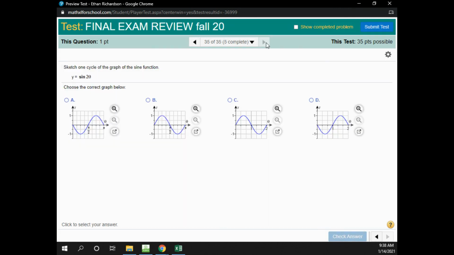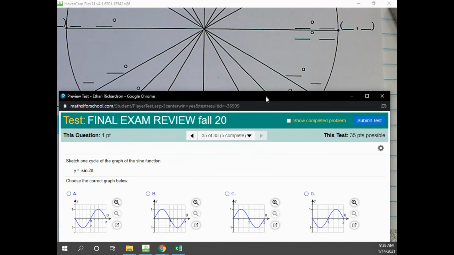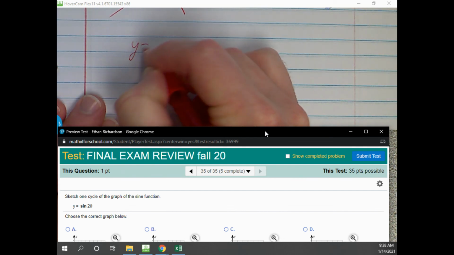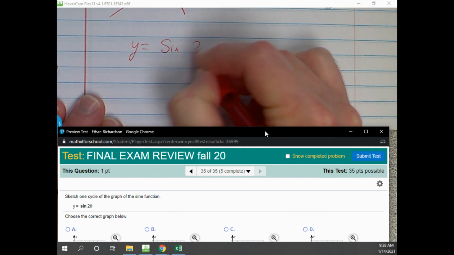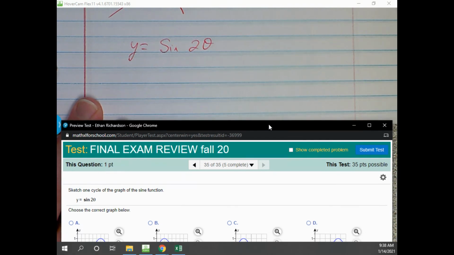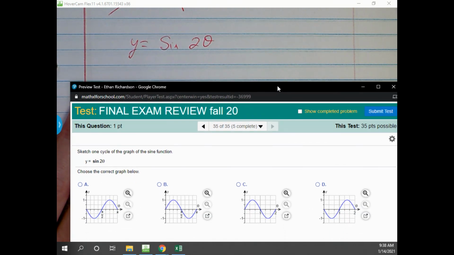All right, and then the last one, 35. Sketch one cycle of the sine graph of the function. We've got y is equal to sine of 2 theta. Okay, and this is one that sometimes is a little bit tougher because it doesn't quite always match up exactly.